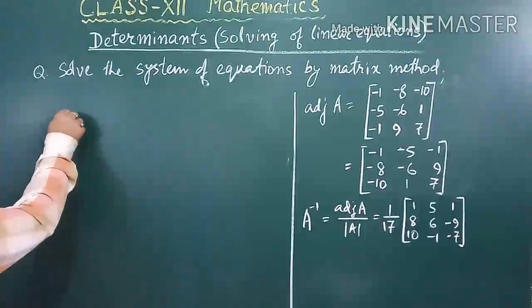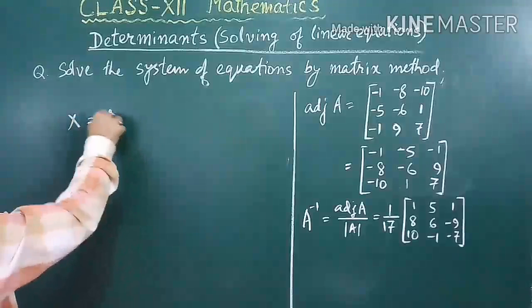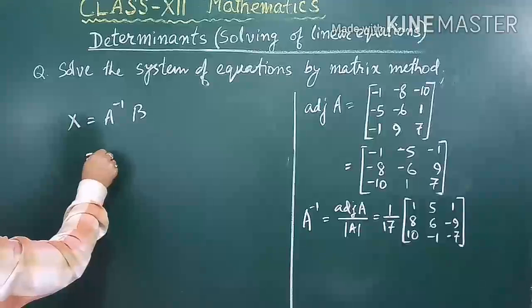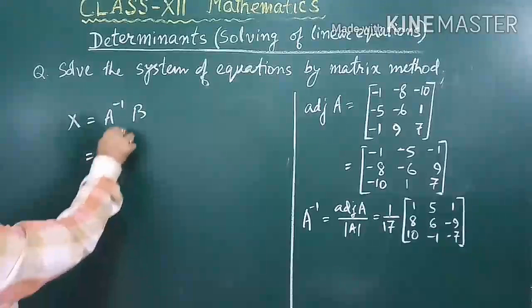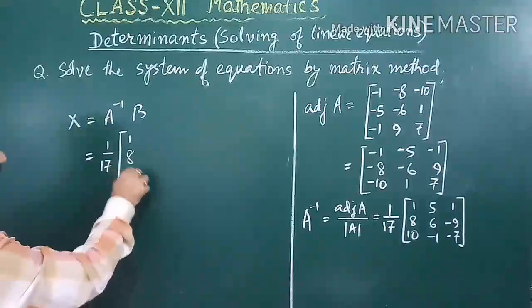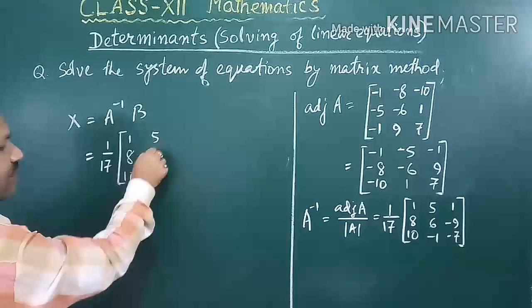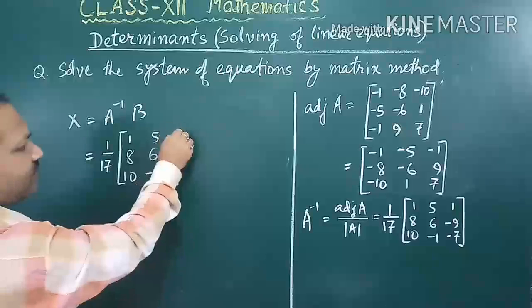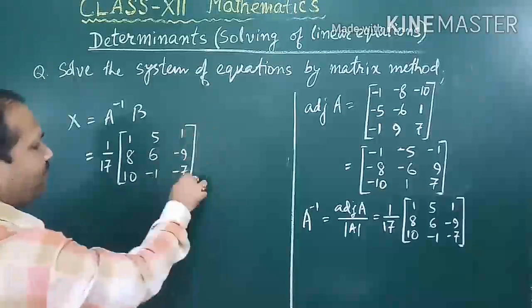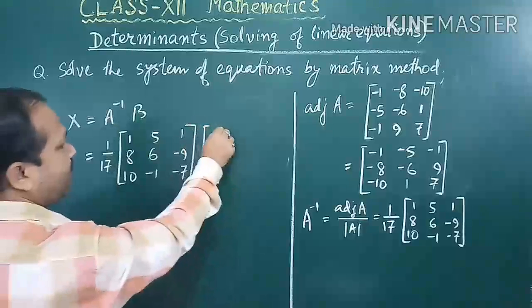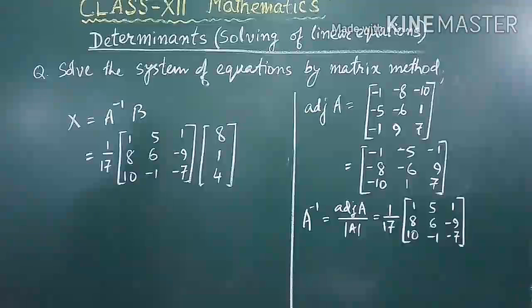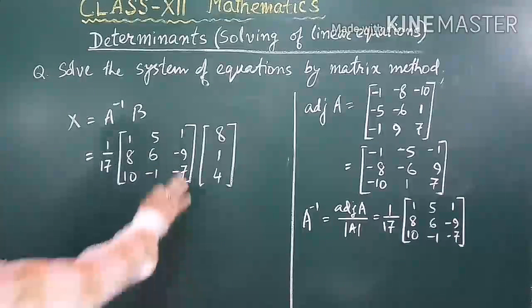Therefore X will be equal to A inverse B. So A inverse we have got 1 by 17 into 1, 8, 10, 5, 6, minus 1, 1, minus 9, minus 7, and B is 8, 1, 4.